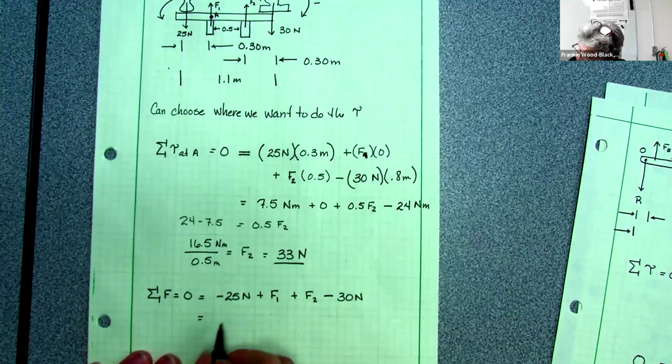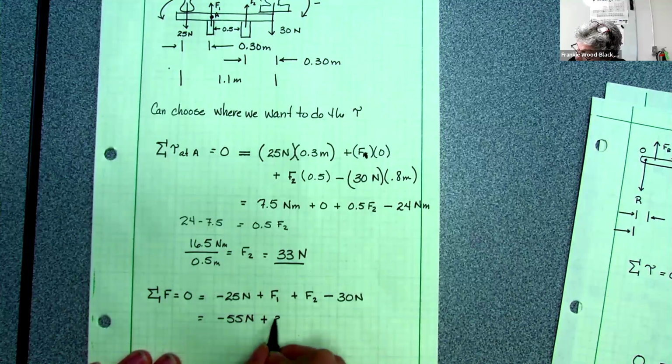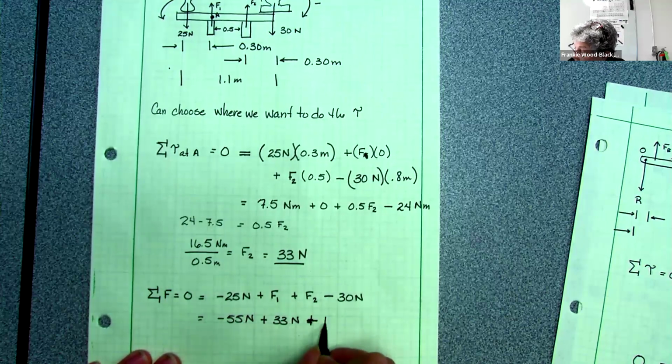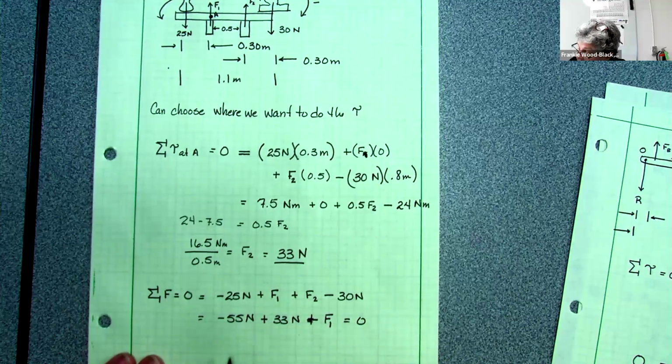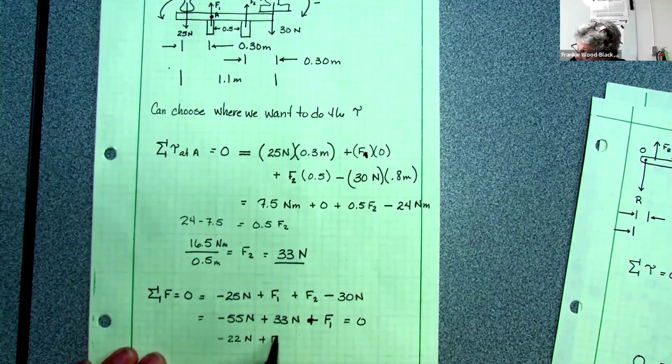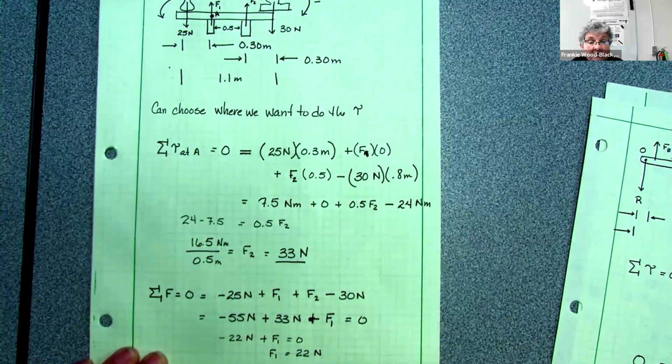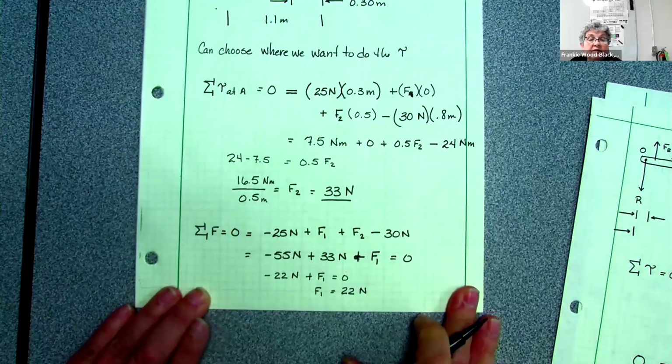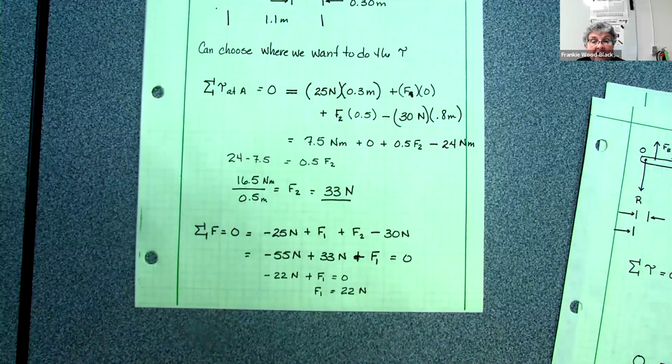So I'm going to have minus 55 newtons plus 33 newtons, plus F1, has got to equal 0. So I get negative 22 newtons plus F1 equals 0. F1 is equal to 22 newtons. So I can look at all of that.